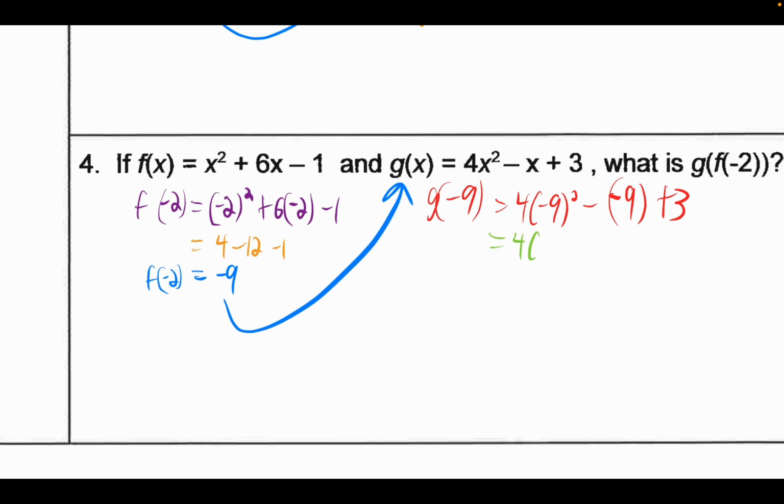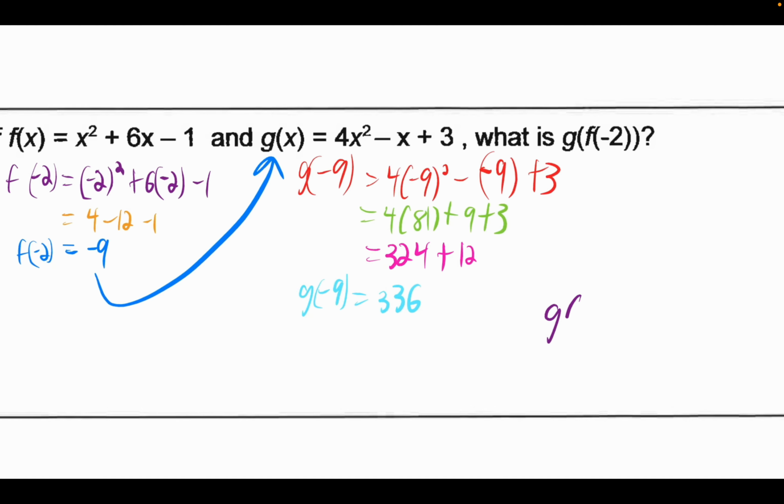So that's 4 times 81 plus 9, as we do 2 negatives in a row, plus 3. So that is 4 times 81, which is 324, plus 12. And so g of negative 9, I just want to combine 9 plus 3 if you didn't catch that, would be 336. So g of f of negative 2 is 336.